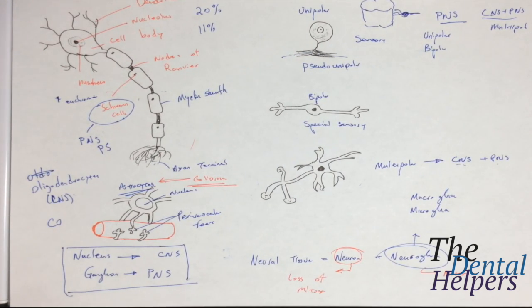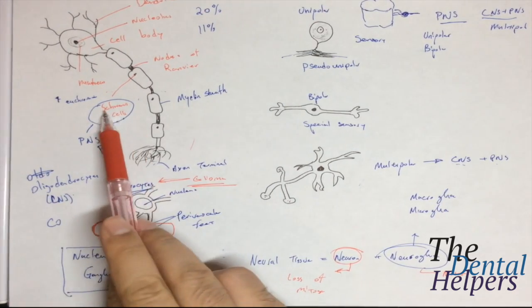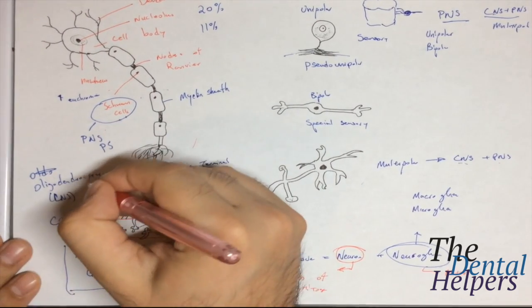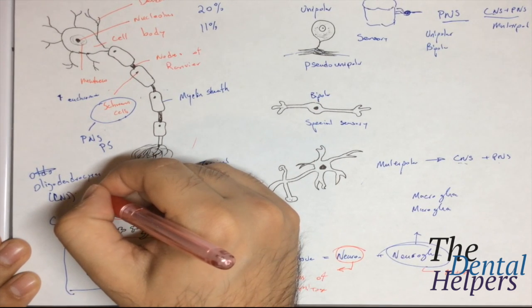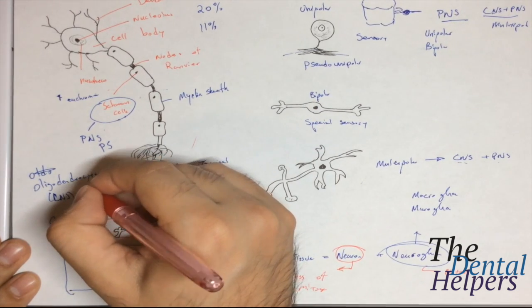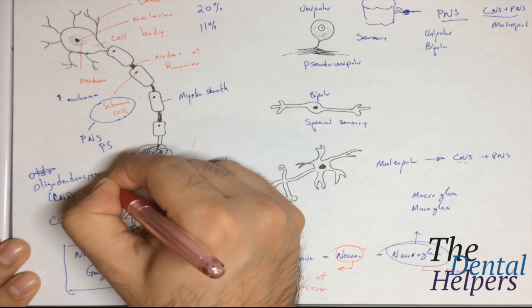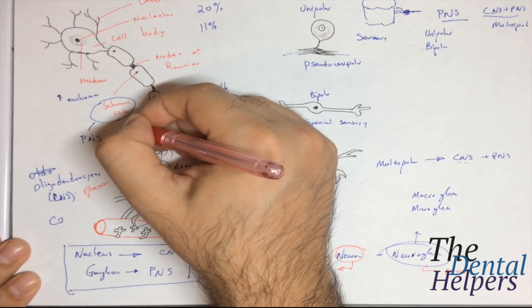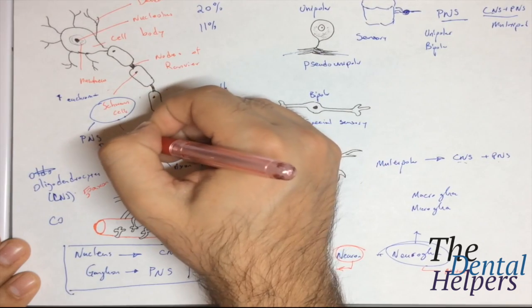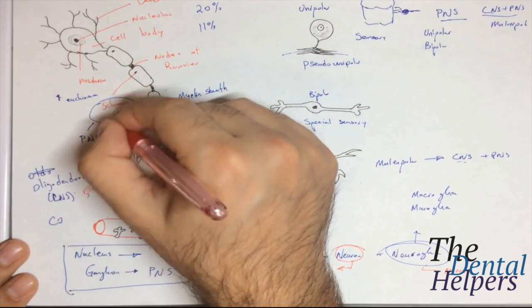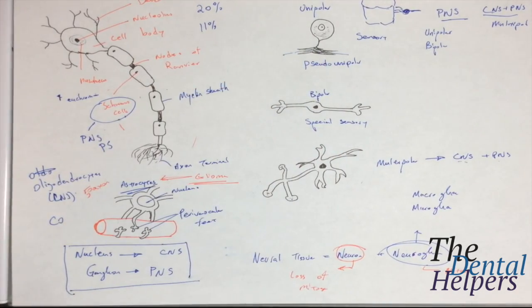The next macroglia is your oligodendrocyte, which we've already talked about being in your central nervous system and that it's myelinated. The big difference between the Schwann cells and the oligodendrocytes: a single oligodendrocyte can attach to 50 axons, while a Schwann cell, it's only one that it can attach to. So that's a big difference between the two systems.